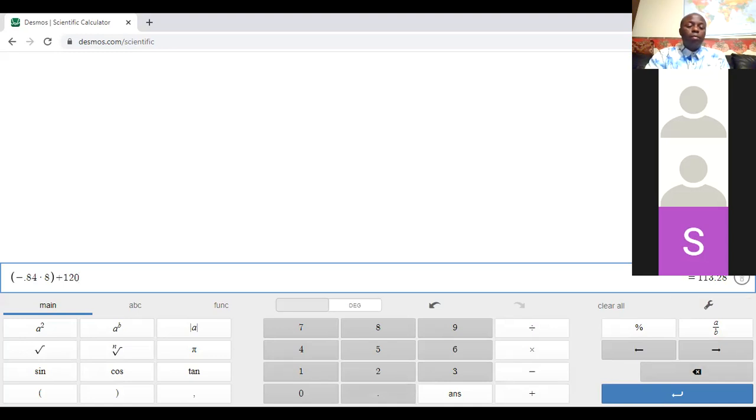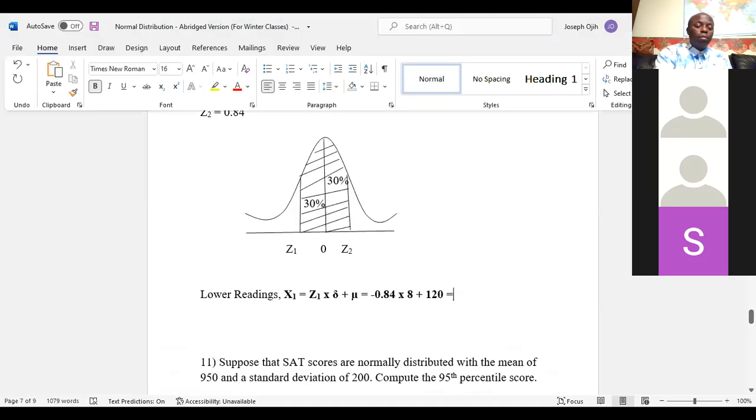So I got 113.28 millimeter of mercury, that's how you measure blood pressure, in mercury.